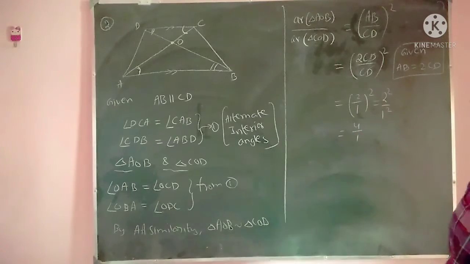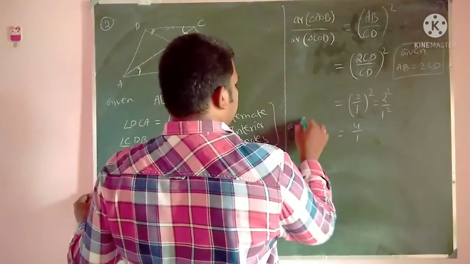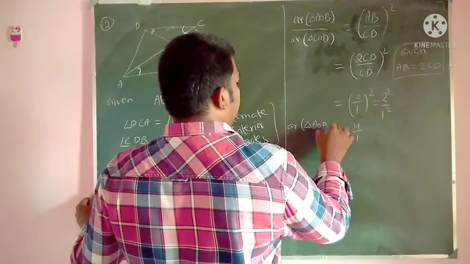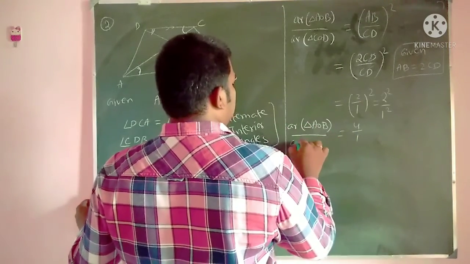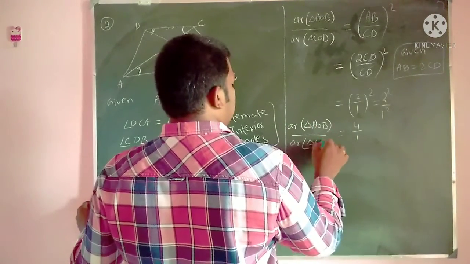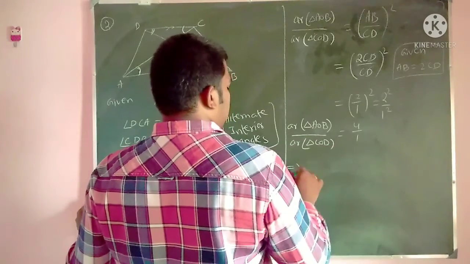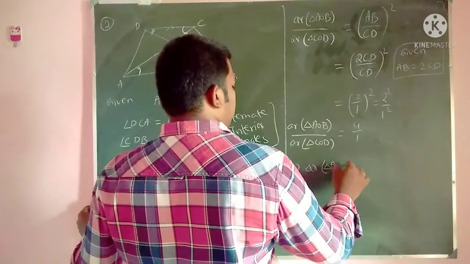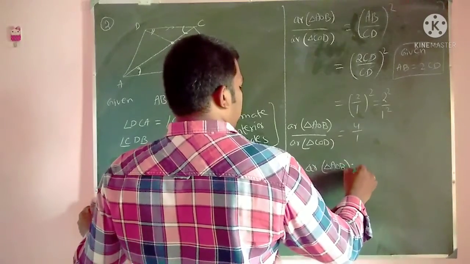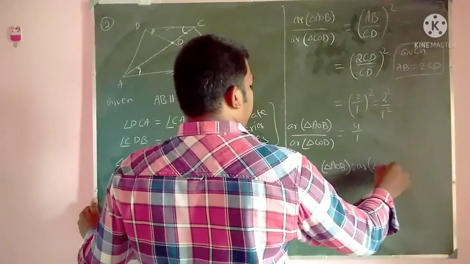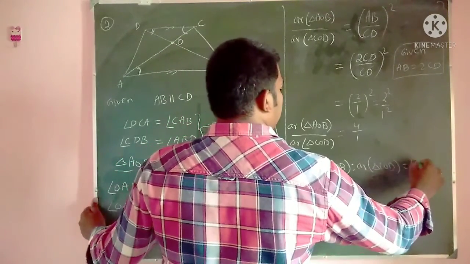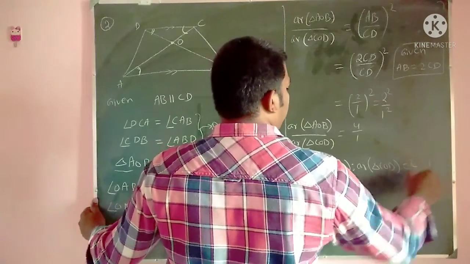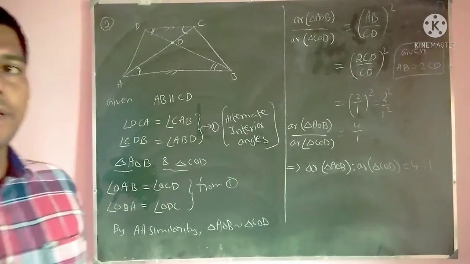Finally we get 4 by 1. So area of triangle AOB is to area of triangle COD equals 4:1. You can find the ratio like this.